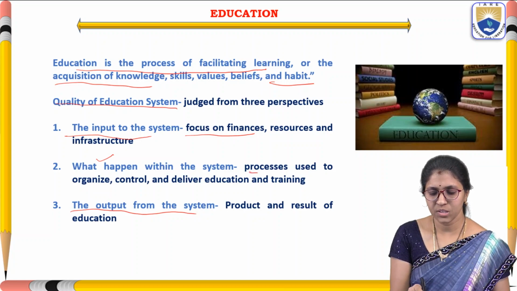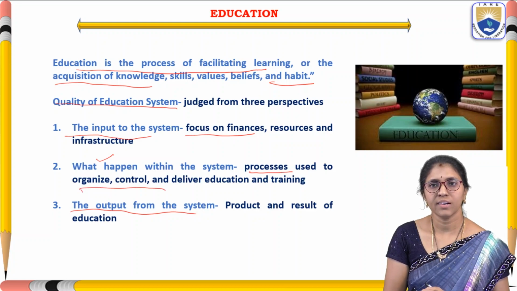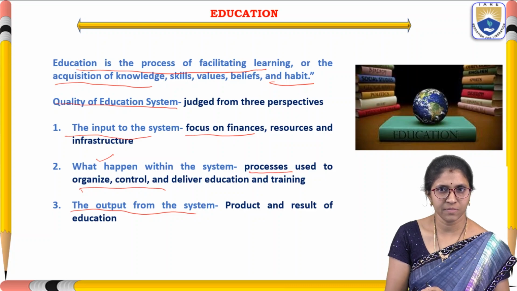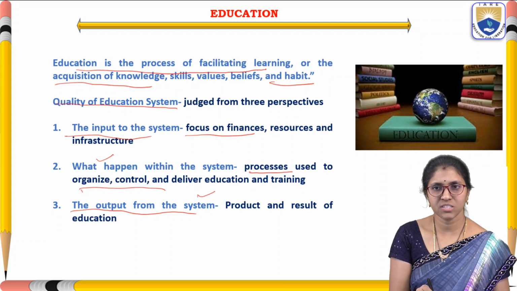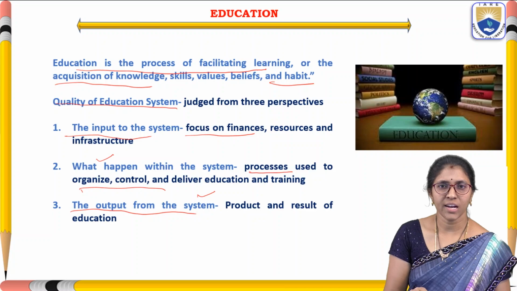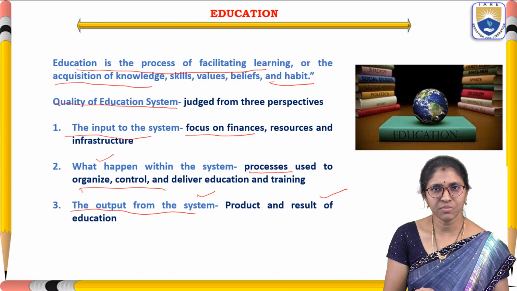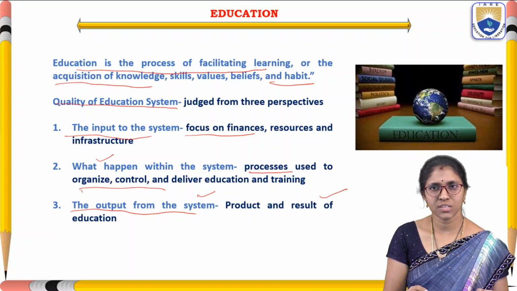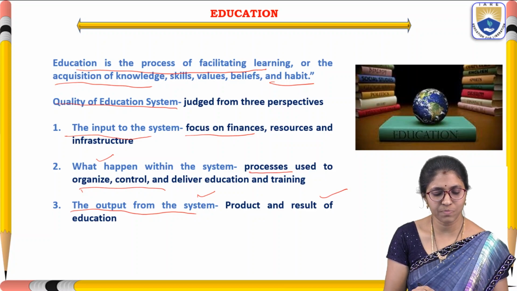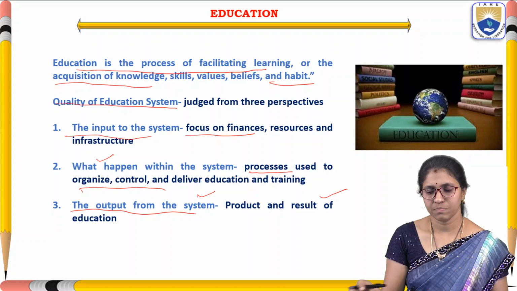Second is what happens within the system, the processes used to organize, control, and deliver education and training. Third is the output from the system, which is the product and result of education.